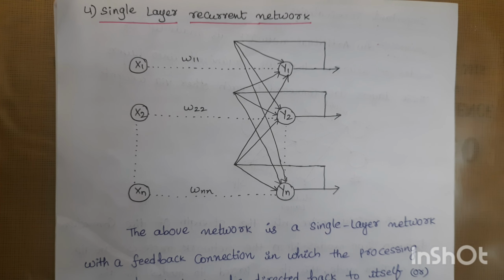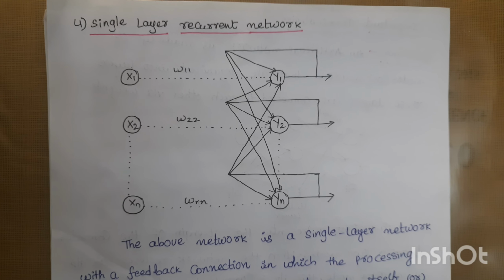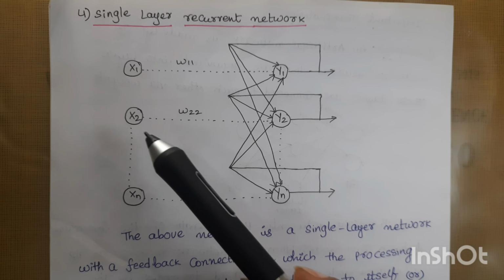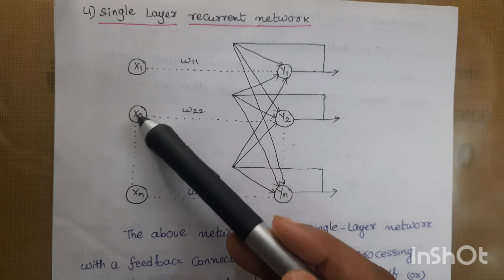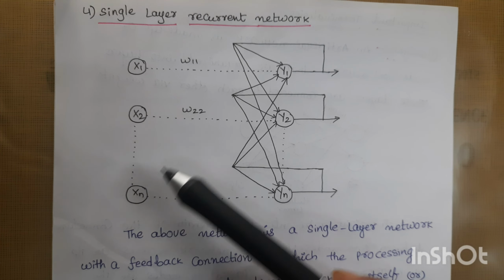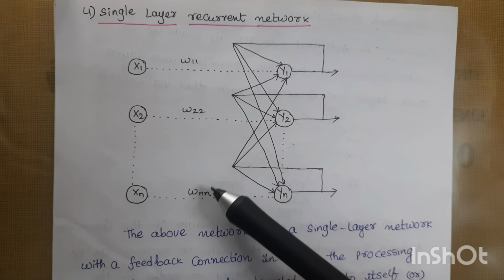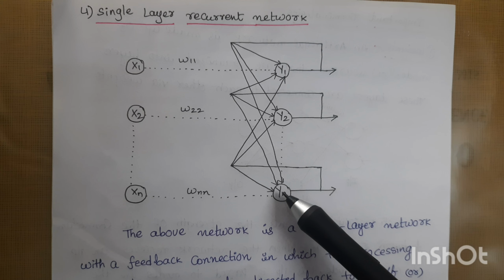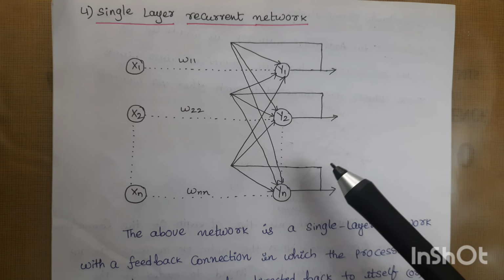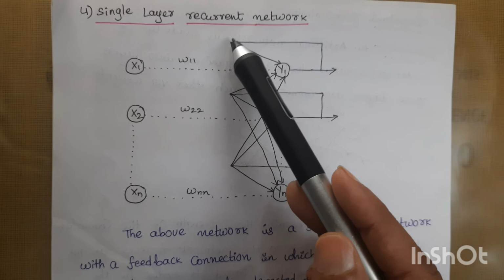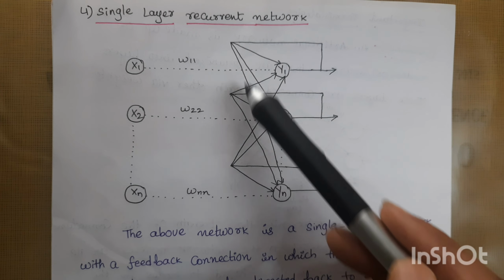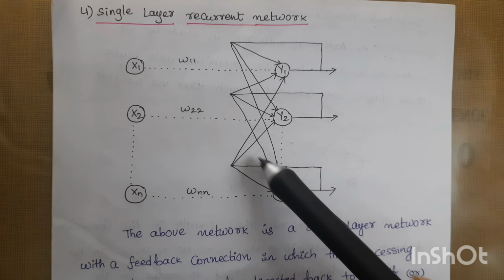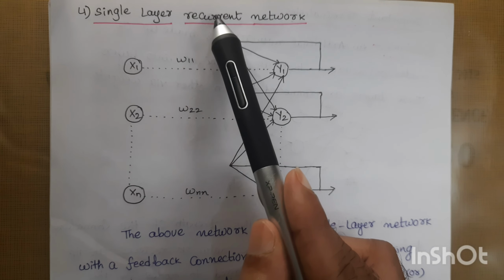Okay, so next we have the single layer recurrent network. Here x1, x2, and so on up to xn are the input values, w11, w22, wnn are the weights, and y1, y2, and so on up to yn are the output values. Each is connected with 1, 2, 3, so we have something like a recurrent network.